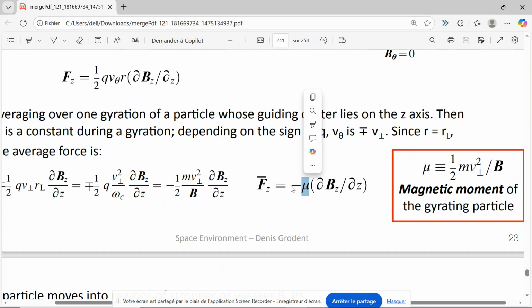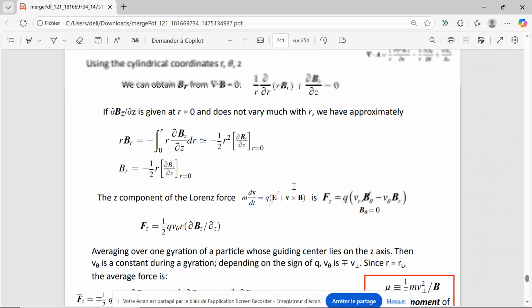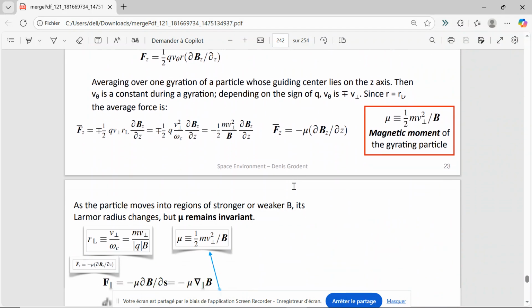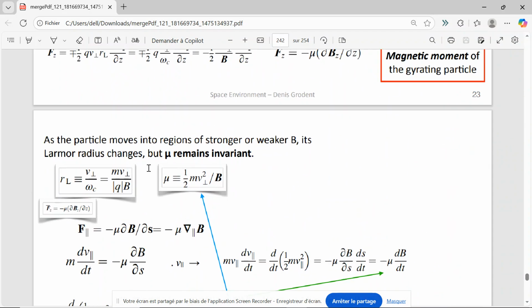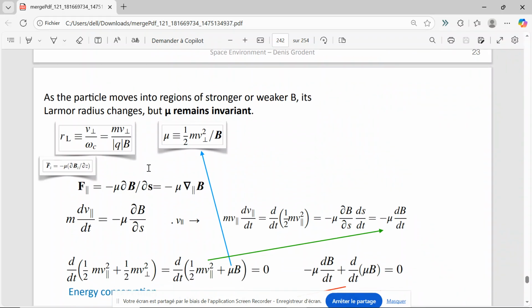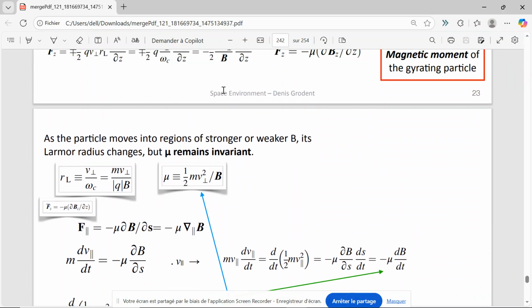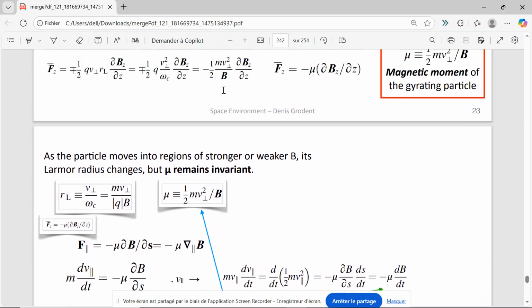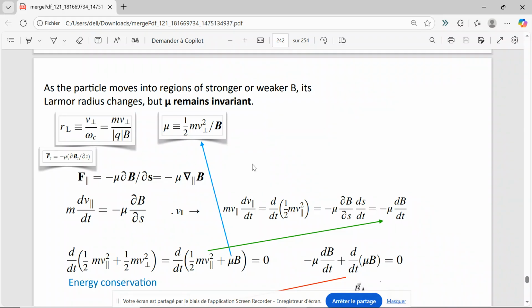And we see the minus sign, which is the most important thing that we have here. As the particle moves into regions of stronger or weaker B, its Larmor radius changes, but mu remains invariant with B, so it stays always there.